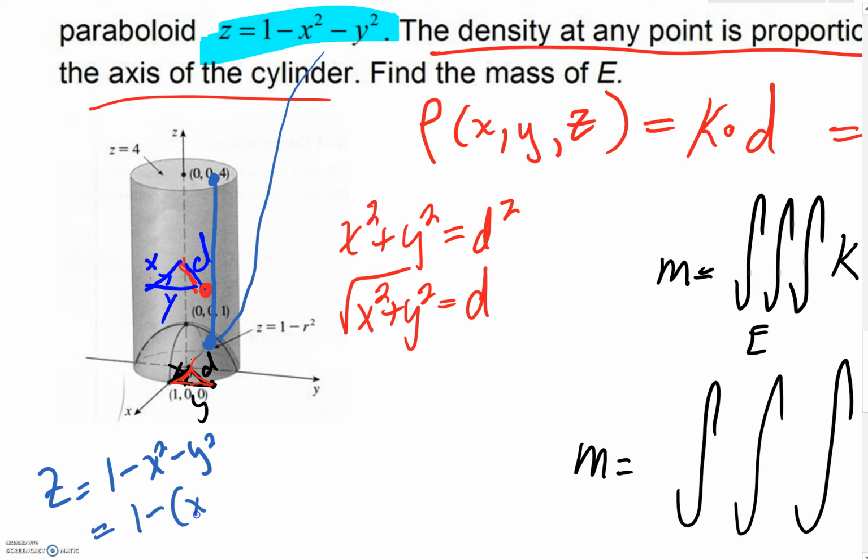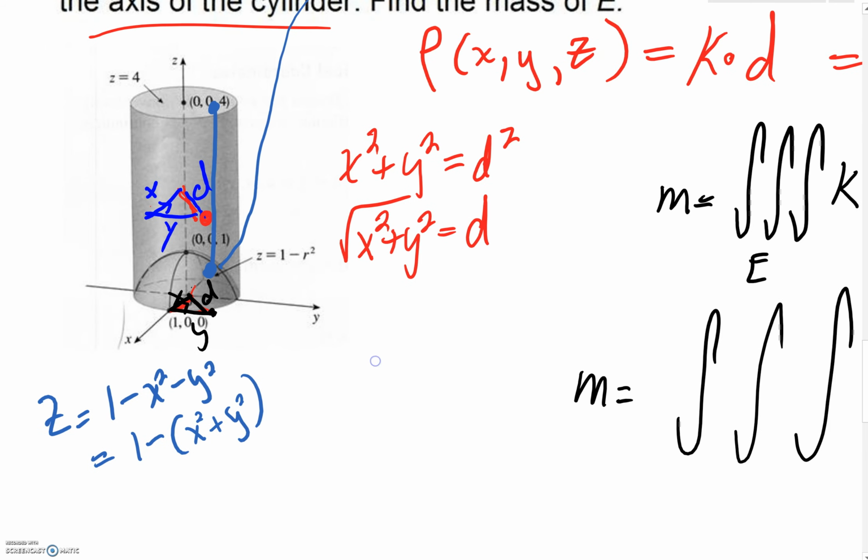However, when we're going to go into cylindrical coordinates, it makes sense to convert your x's and y's into r's and thetas. I'm going to factor out that minus, and x squared plus y squared we know is r squared. So wonderfully and quickly, they already pointed that out to us.